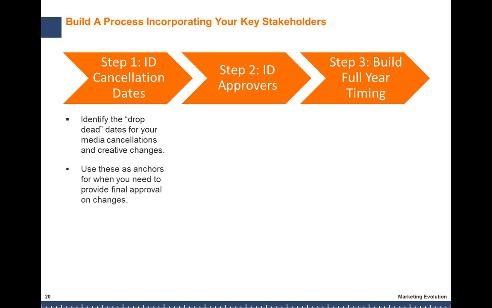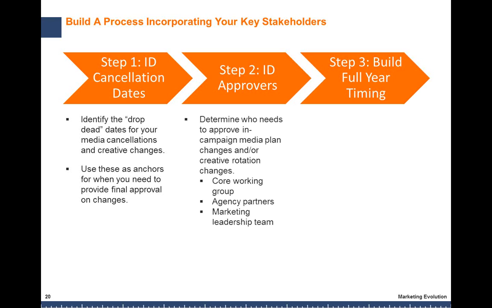So we'd recommend creating really just a grid, down the first column, listing out all of your key media, and then across the top for each quarter, listing out when are those drop-dead dates. The second piece is to then identify who needs to approve those in-campaign changes.